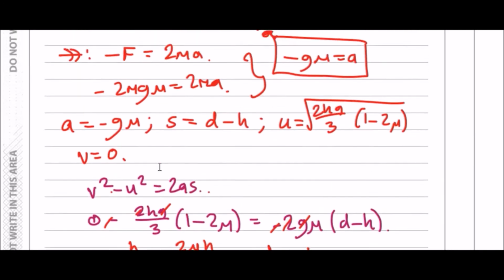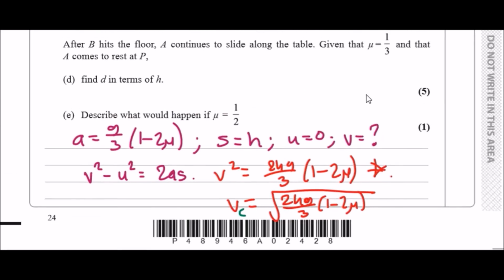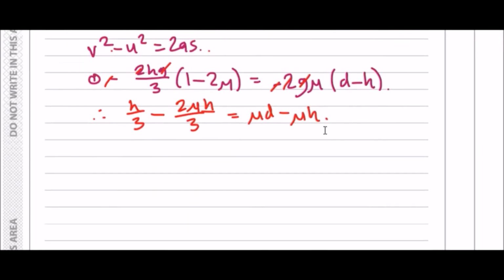Oh yeah, I forgot, we also know mu is 1 over 3. That actually helps a lot. So given that mu is 1 over 3, let me expand this right now. We're going to have h over 3 minus 2 times 1 over 3 over 3.